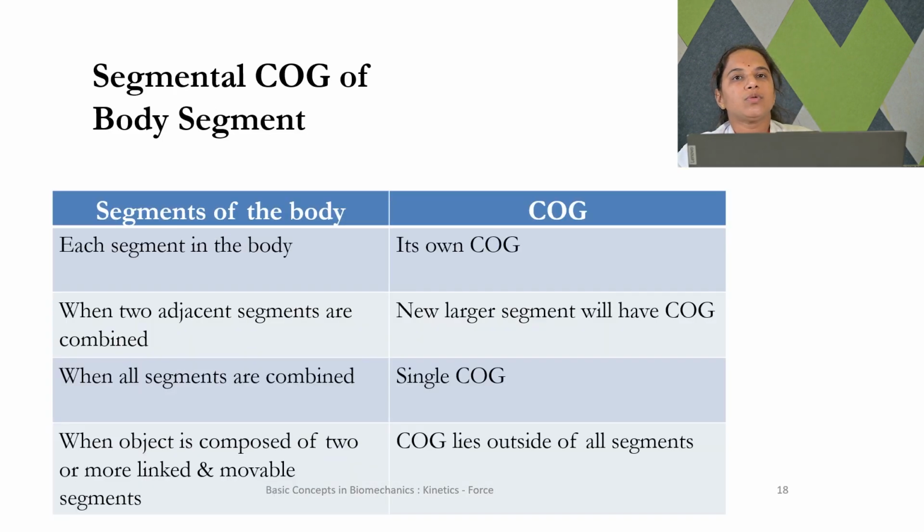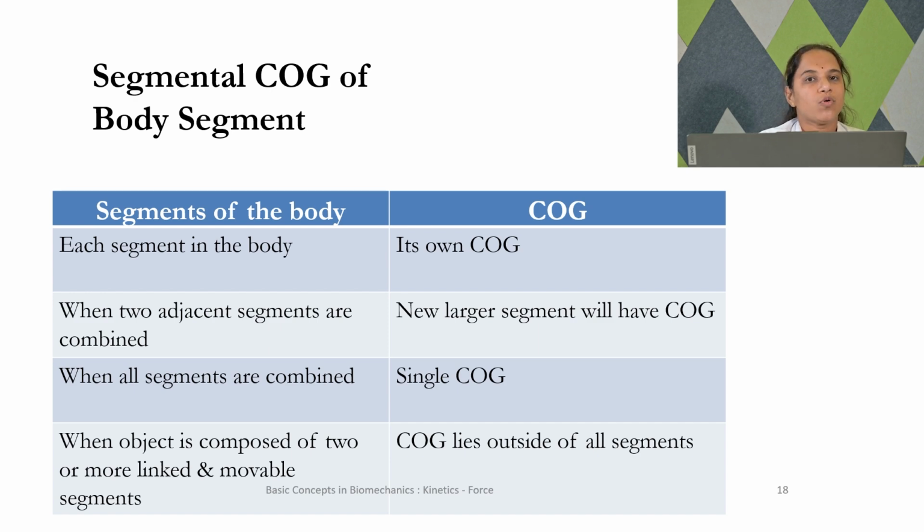Now let us see about the segmental center of gravity of human body. If each segment is considered differently, that is forearm, hand, it has got its own center of gravity. When two adjacent segments are combined, like forearm segment and hand segment, the new center of gravity lies towards the heavier side.